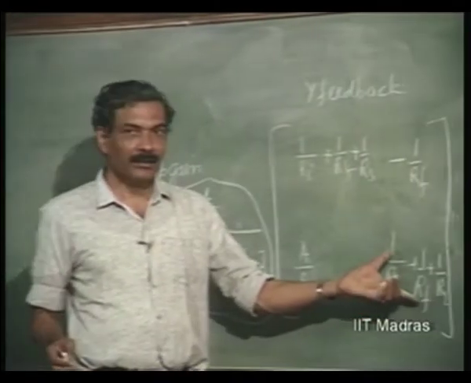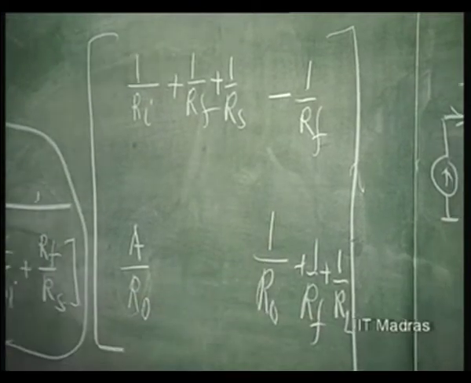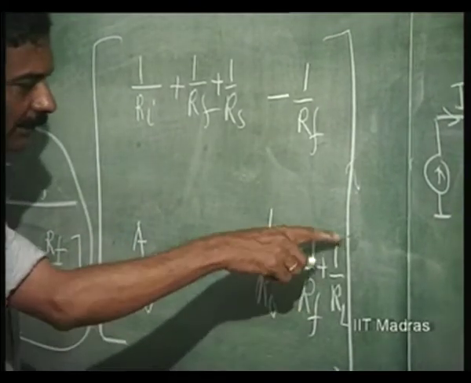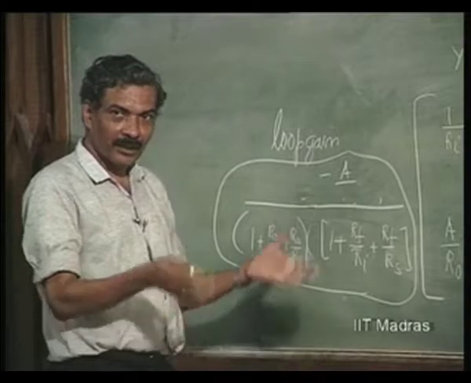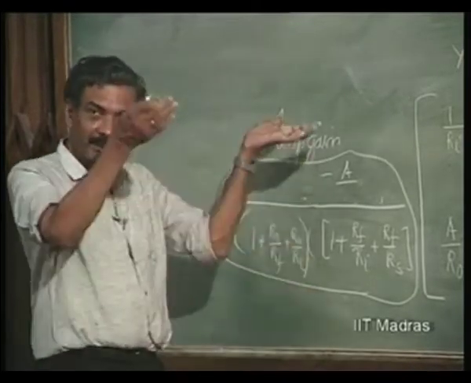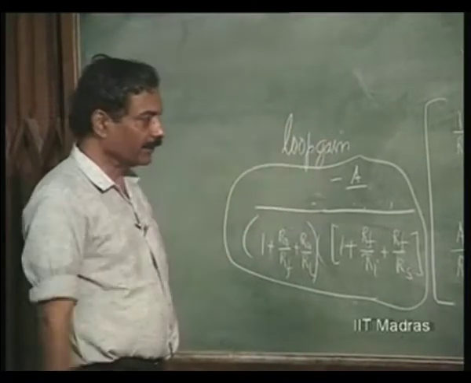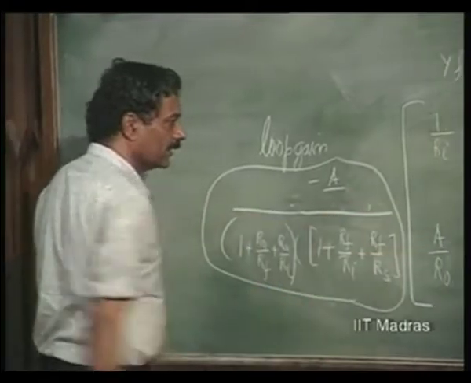This conductance is 1 over R naught plus 1 over Rf plus 1 over Rl. So, this again decreases, output impedance decreases, or output conductance increases by 1 plus loop gain. So, we will see how this gets now modified.